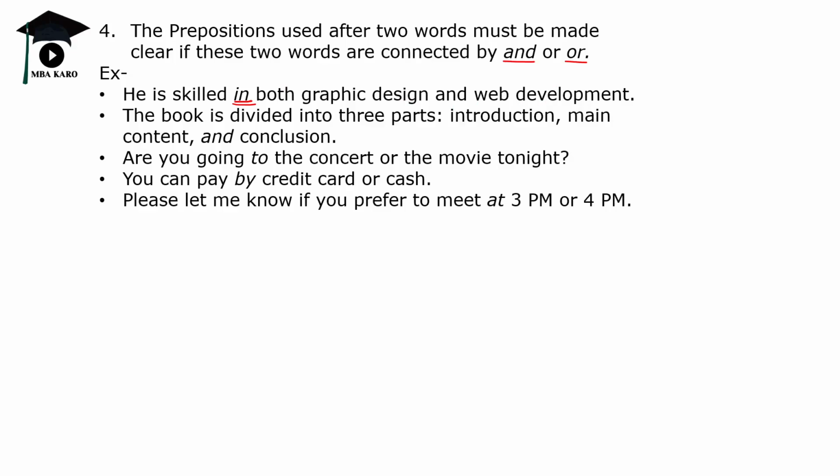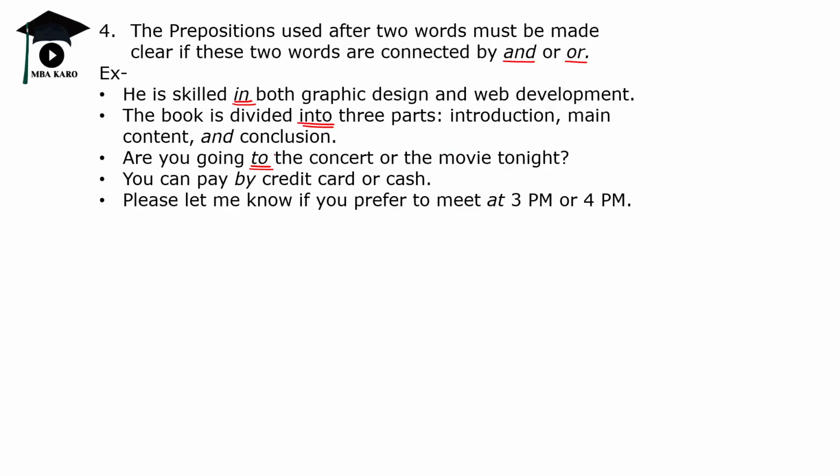Simple. Next, the book is divided into three parts: introduction, main content, and conclusion. Clear? Are you going to the concert or the movie tonight? So individually, if we had to ask, are you going to the concert or to the movie tonight?